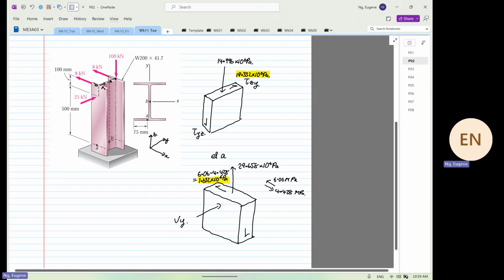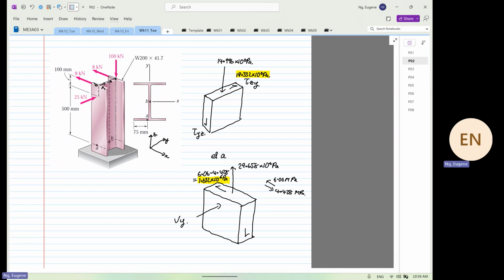Can someone comment on the shear stress value relative to the normal stress for both elements?